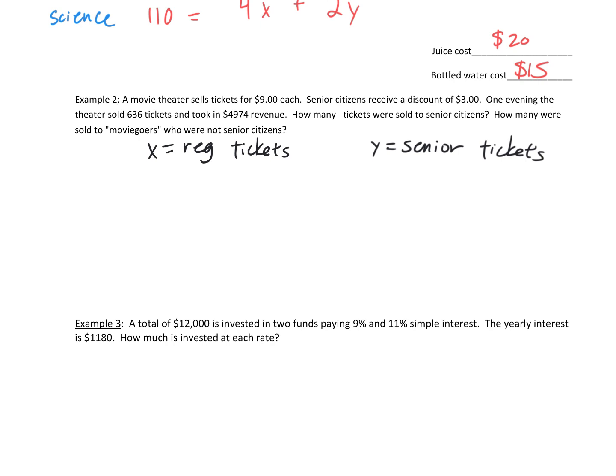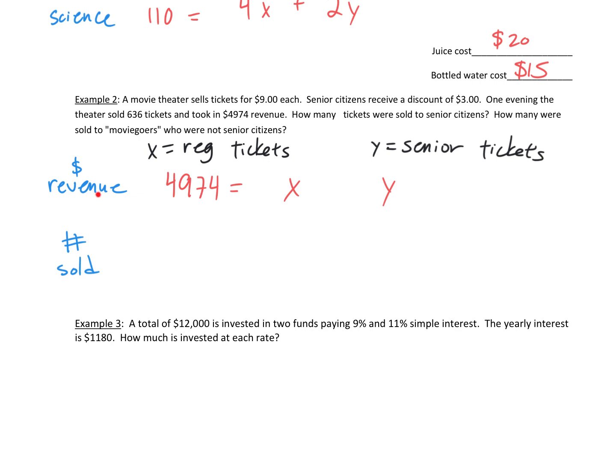Okay. The two situations that we have are revenue, which is always in money, and the number sold. In terms of the revenue, we're thinking about the total. The total revenue they had was $4,974, and I'm going to put equals x and y. Now I have to think about x as regular tickets.